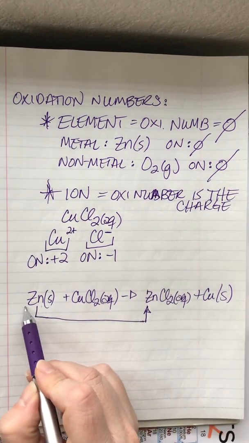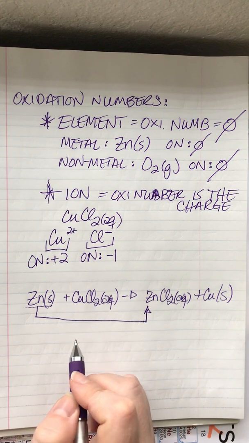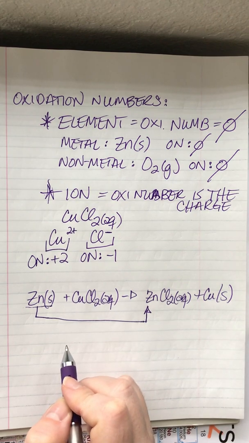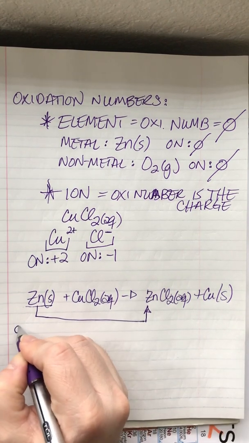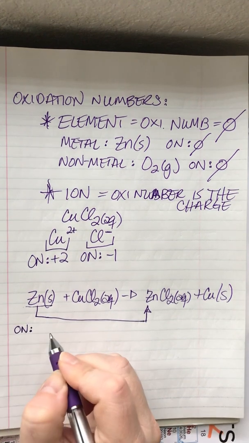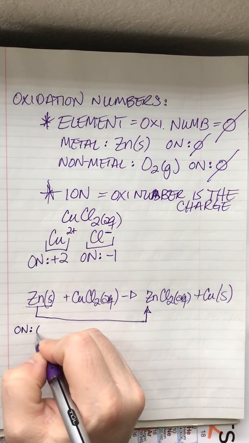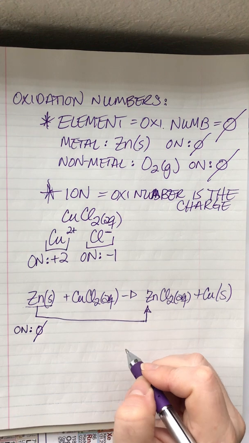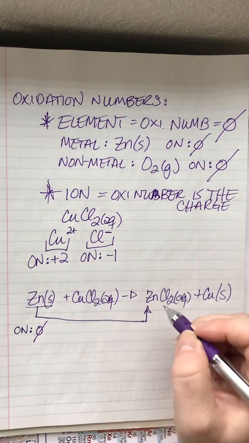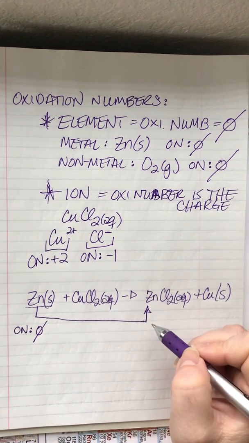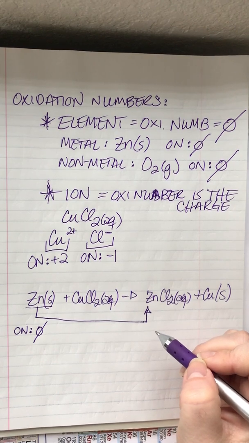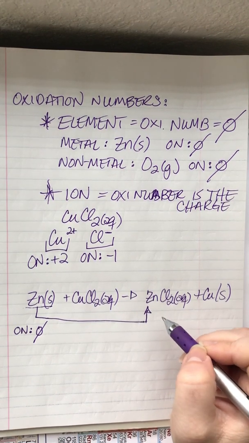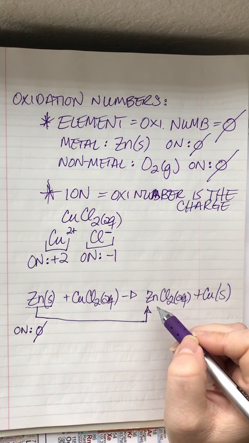So going from here, what is the oxidation number of zinc? It's 0. You guys all on board with me there? Over here, this is the trickier one. What is the oxidation number of zinc on this side? +2.